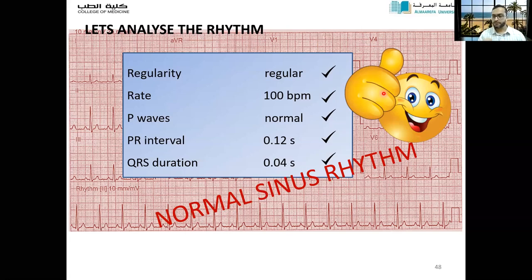Now, I cannot go into much detail of arrhythmias and more of the abnormalities because of the time constraint. We cannot cover the whole of the ECG, but arrhythmia is one of the important topics of the electrocardiogram while reading the ECG.